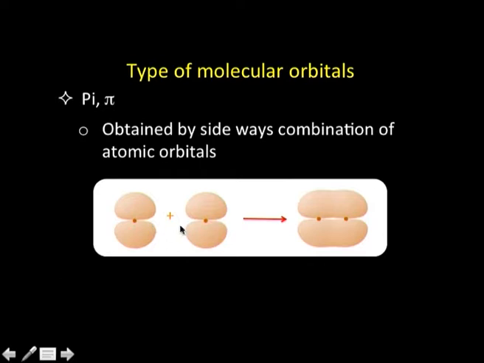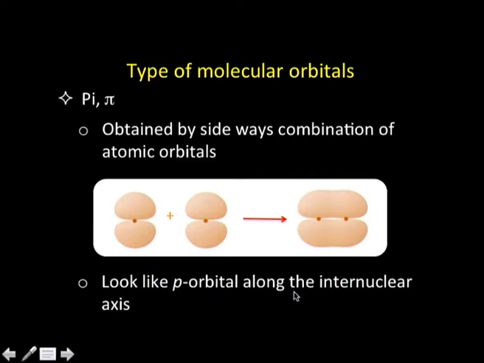Their orientations are perpendicular to the internuclear axis, so these orbitals overlap laterally, and when they combine laterally, this is the kind of molecular orbital we generate. Such molecular orbitals are called pi molecular orbitals. Looking along the internuclear axis, they look like p orbitals.